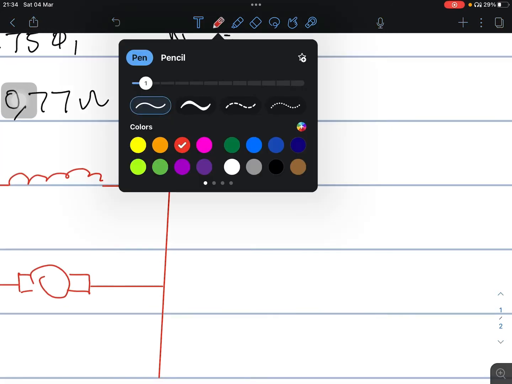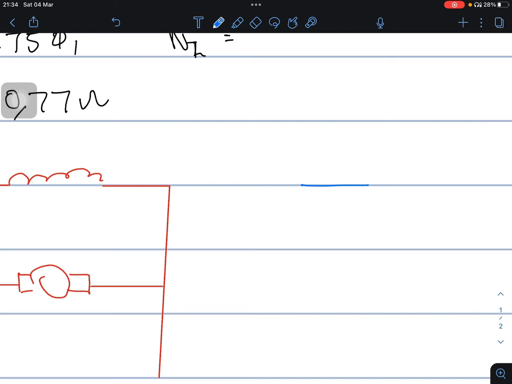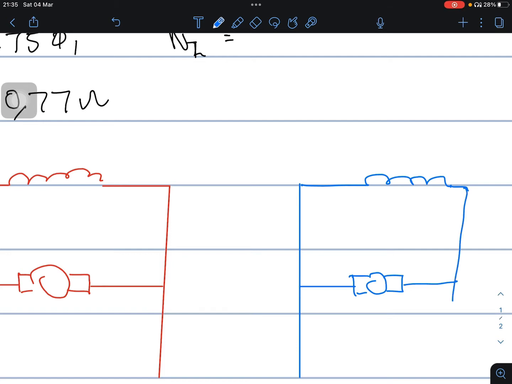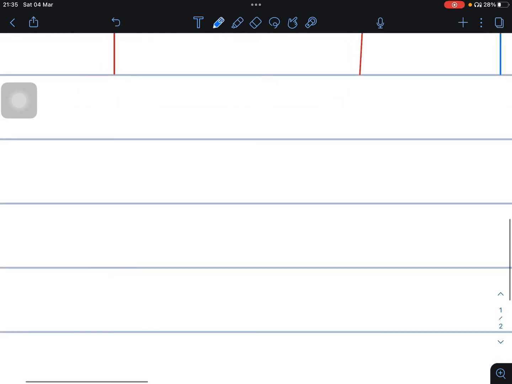This is for the first condition. For the second condition, still the same circuit. They didn't add any resistance to the armature circuit or any resistance to the field winding.